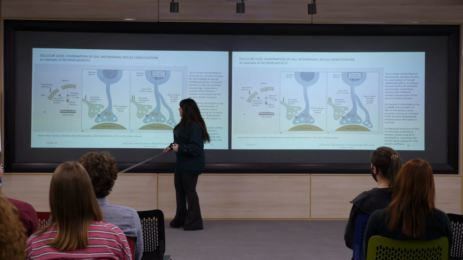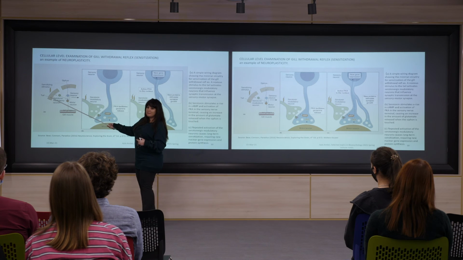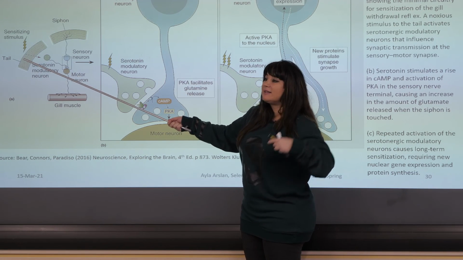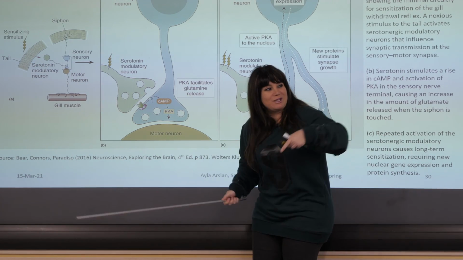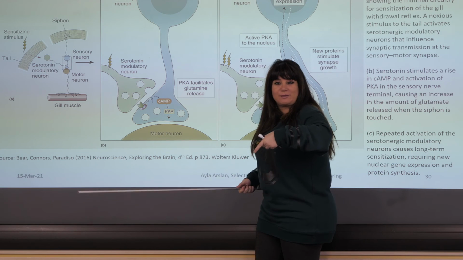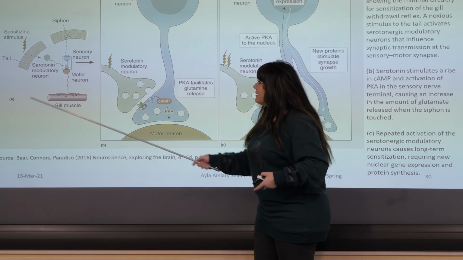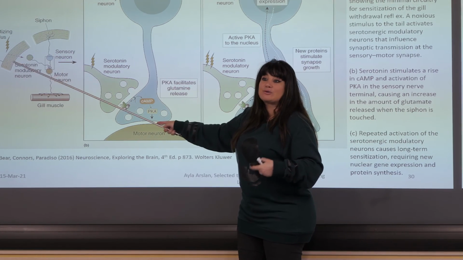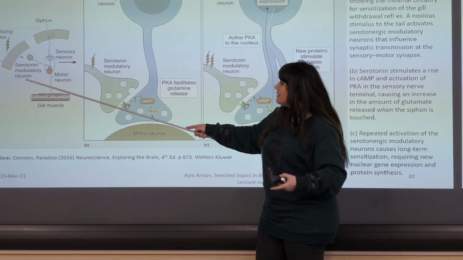Okay? But if you pair this gill withdrawal reflex with a tail shock, so you give an electric shock to the tail of the organism, what are you going to see? At least, this is what they saw when they isolated the system.